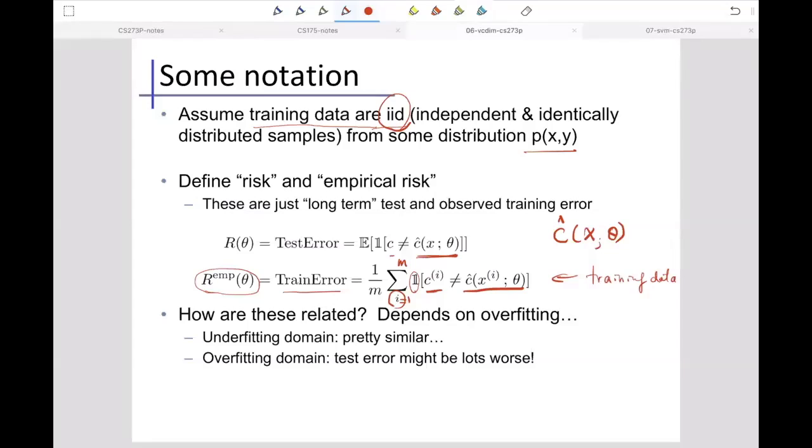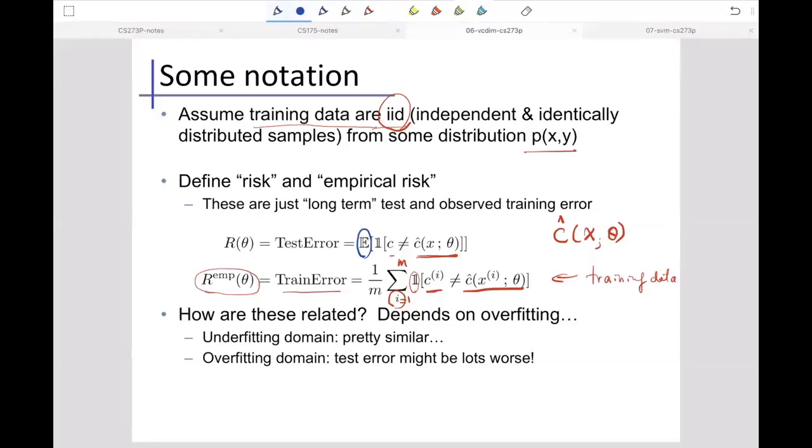If it's different, it contributes one mistake, otherwise not. In that context, we do the average not over the number of training samples, but over the entire collection of all possible test data you might want to see. So in that context, we use this notation called expectations.